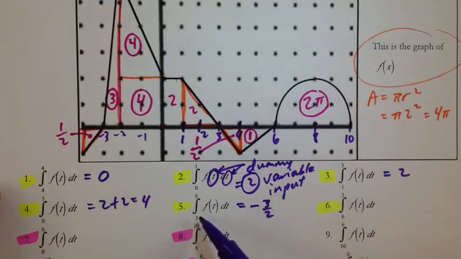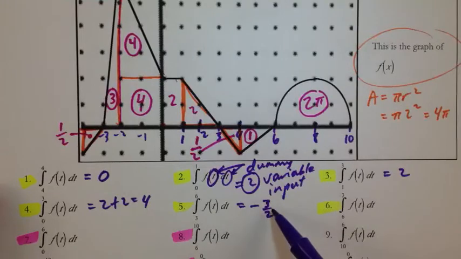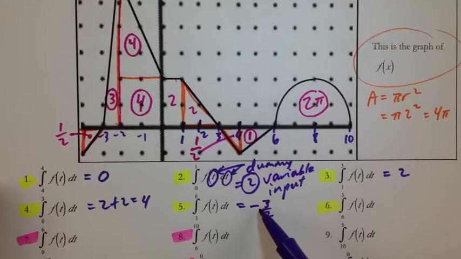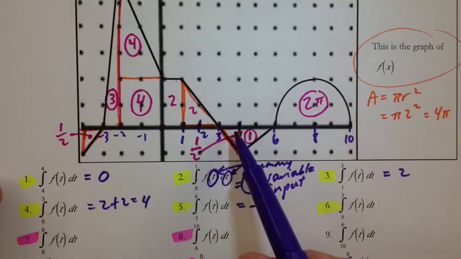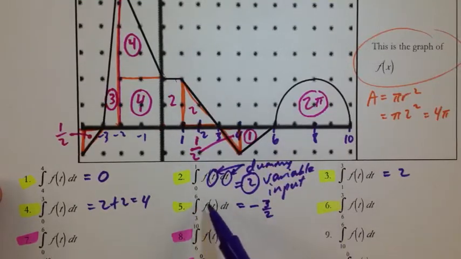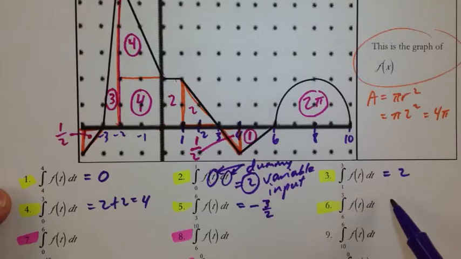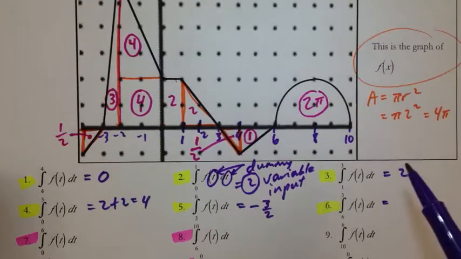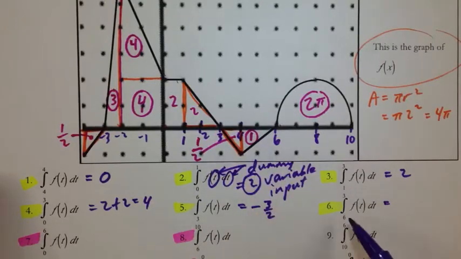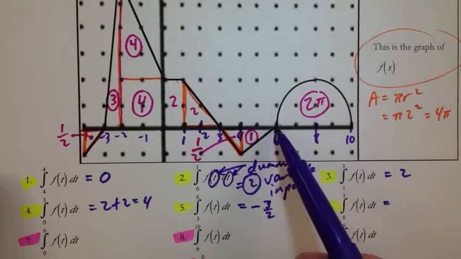Well, integral of negative 3 halves means that all or most of the function f of x is below the x-axis on that interval. Okay? In this case, all of the function f of x lies below the x-axis on the interval from 3 to 6. Okay? Now here's the cool thing. If you really wanted to express the area in terms of a positive number, we know that we can flip the limits of integration around.